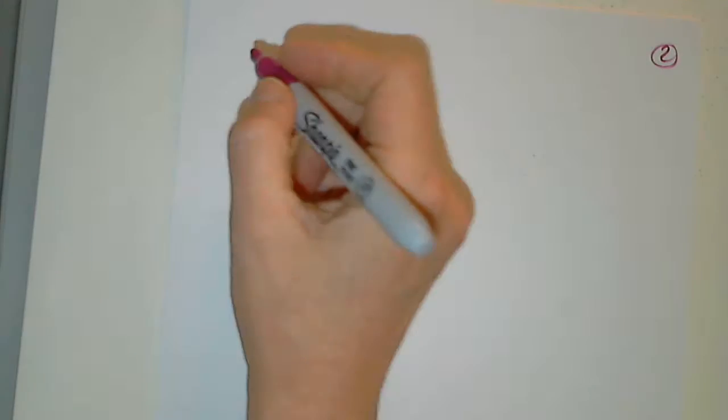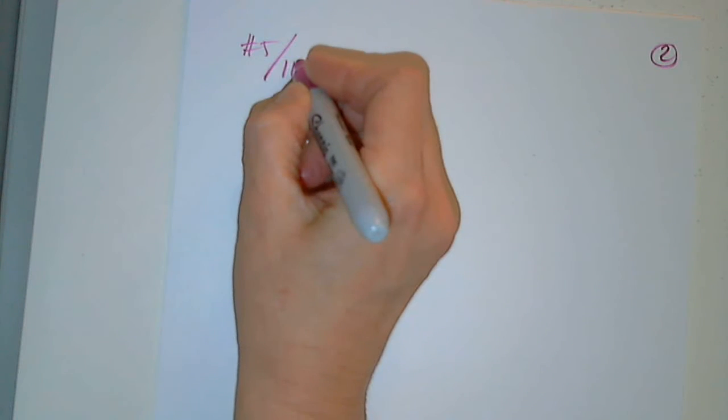Okay. Now I would like to continue with a question that Mason came up with, and it's a very good question. Here it is on page 117, problem 5. I'm going to copy it.